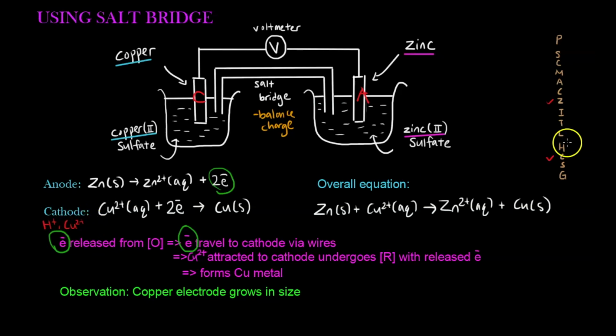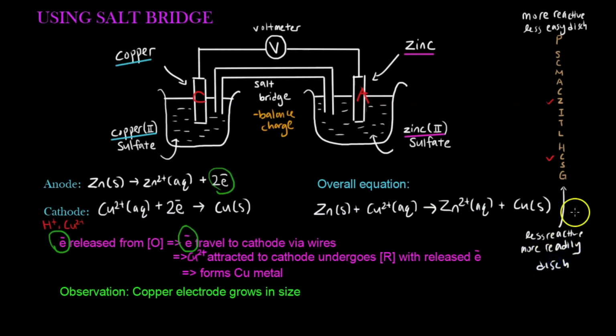It is because we look at the reactivity series. Copper is more readily discharged than hydrogen. If you recall, closer to the top means more reactive but less easy to discharge. It's the opposite effect, whereas near the bottom, it's less reactive, more readily discharged.